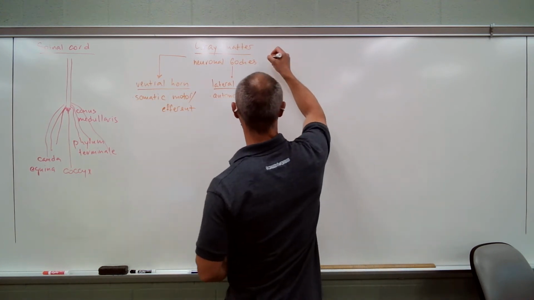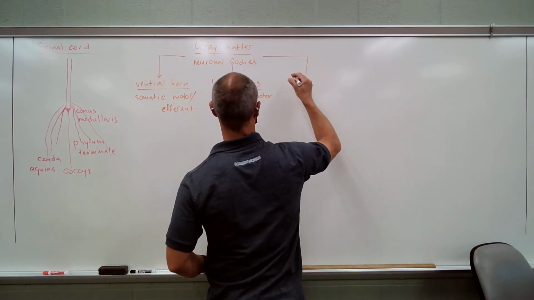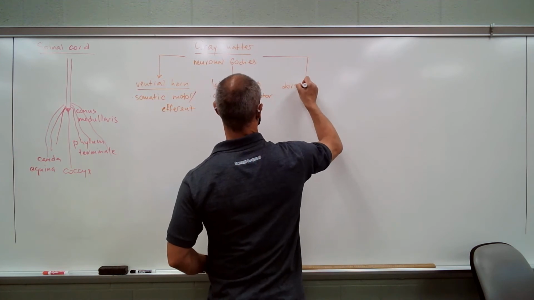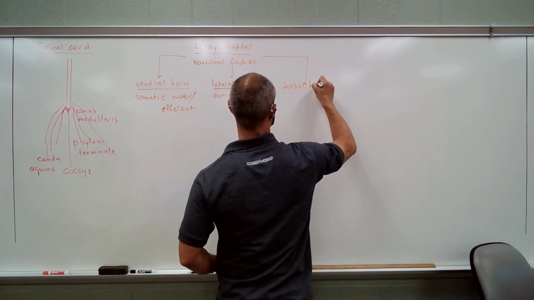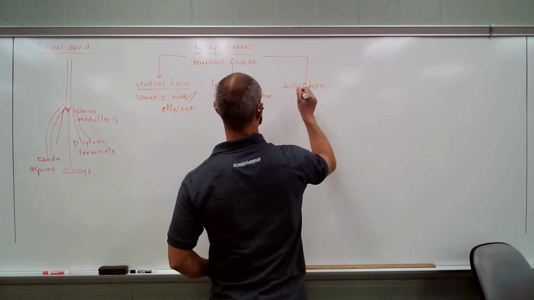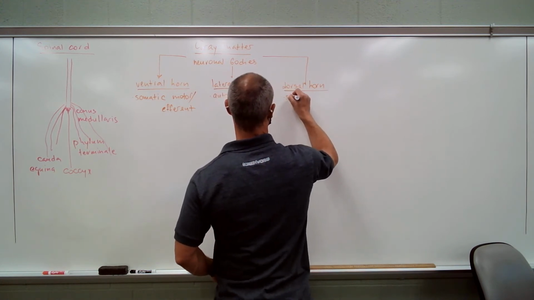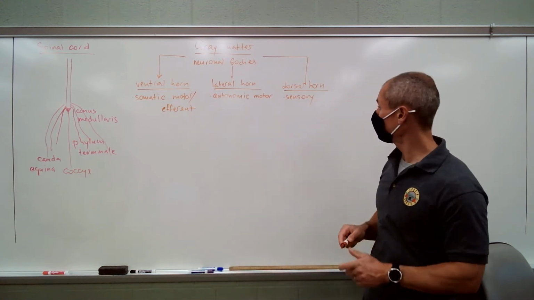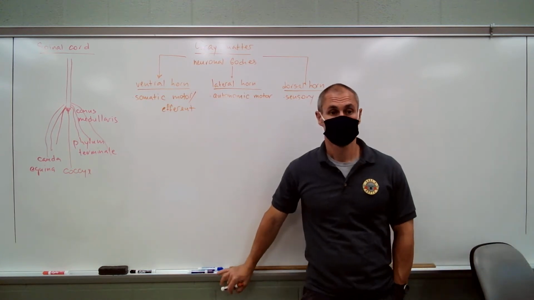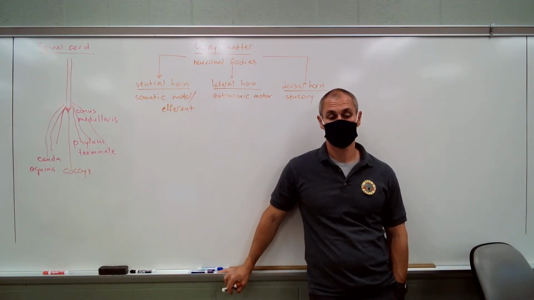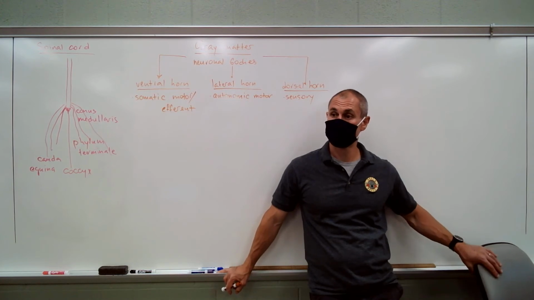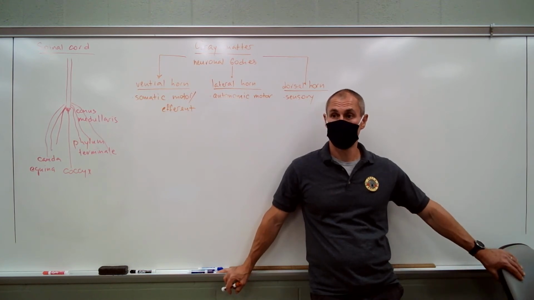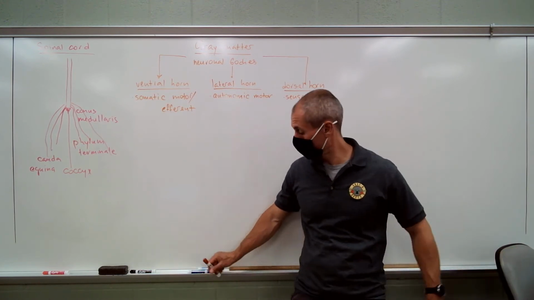And as you can imagine, dorsal horns contain just sensory neurons. Okay? Does it make sense? Okay?